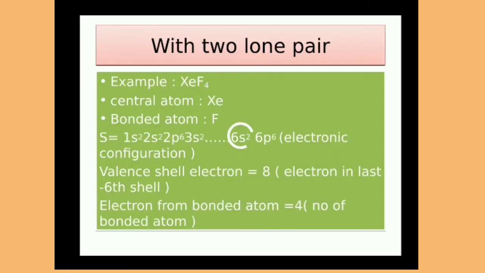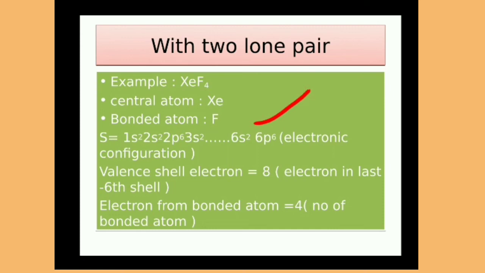Now we will head towards our new geometry, sp3d2 hybridization with two lone pairs of electrons, for example xenon tetrafluoride. We all know that xenon is a noble gas, so it will be acting as a central atom here, and fluorine being a bonded atom.